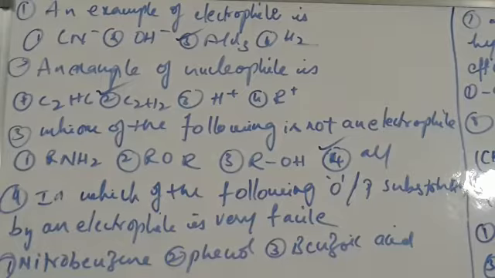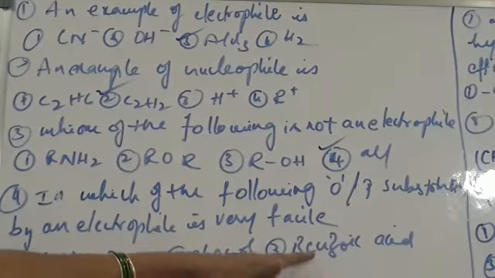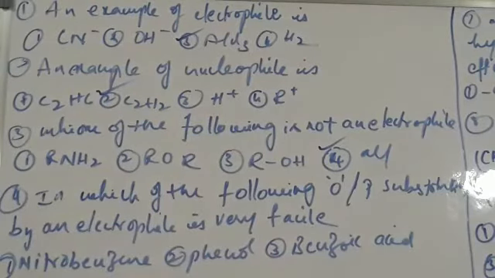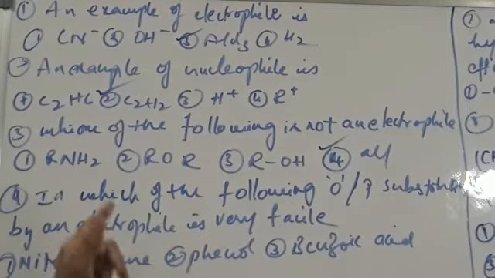So nitrobenzene has the nitro group. Benzoic acid contains the carboxylic group. And acetophenone contains the carbonyl group. All are electron withdrawing groups. And phenol contains the OH group. It is also electron withdrawing, but not as strong as the remaining groups.